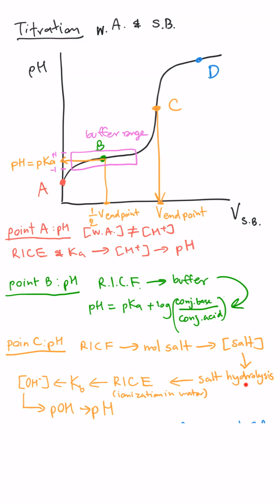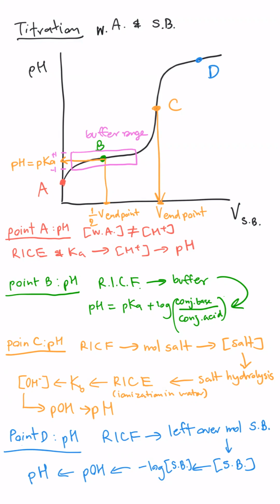You will see that the anion is the one that is going to ionize in water, or react with water. You are going to write out this ionization of the anion in water into the RICE table, then plug the concentration in here. Use the Kb value to find out the concentration of the hydroxide ion at equilibrium. Then take the negative log to get pOH and convert that into pH.